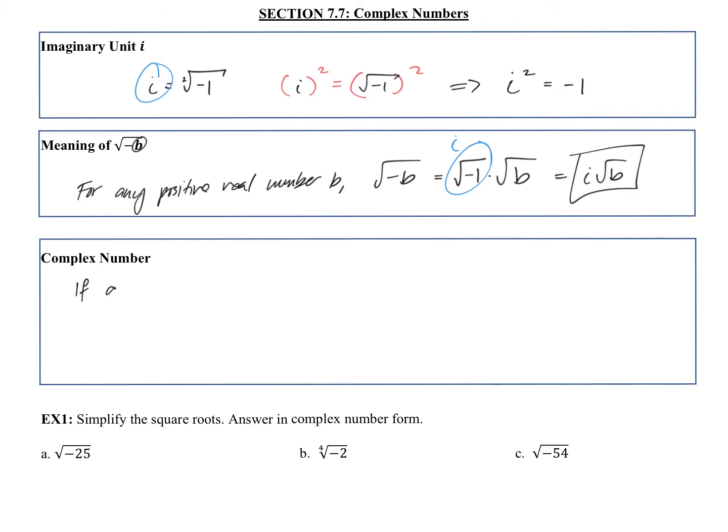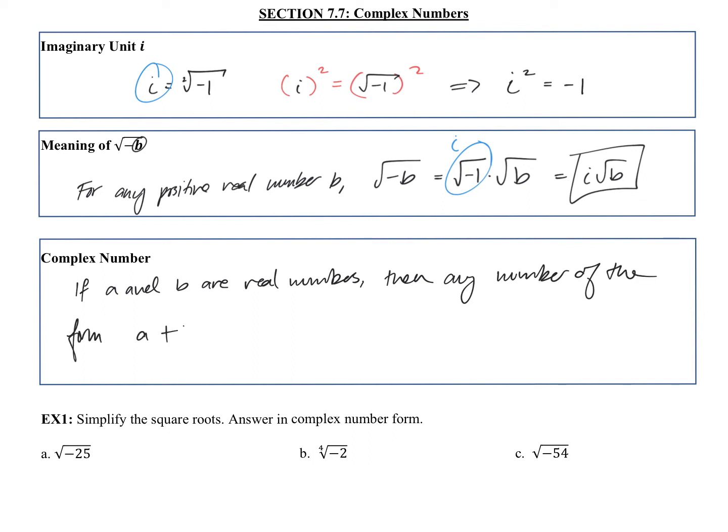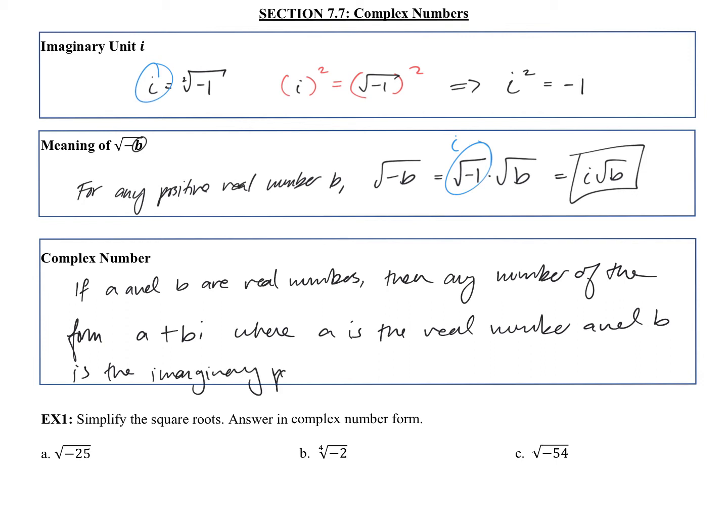So if a and b are real numbers, then any number of the form a plus bi, where a is the real part and b is the imaginary part, is a complex number. Sorry, I missed this little phrase here, "is a complex number." That should have gone right after there.